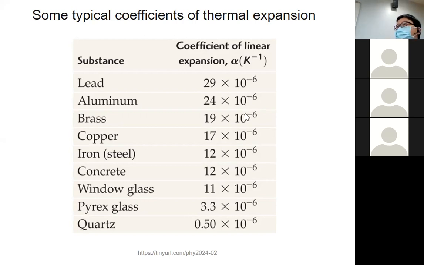Even if you had a temperature change of, say, 20 or 30 degrees Kelvin or Celsius, you might not necessarily notice it by eye. The visual change is still very small.